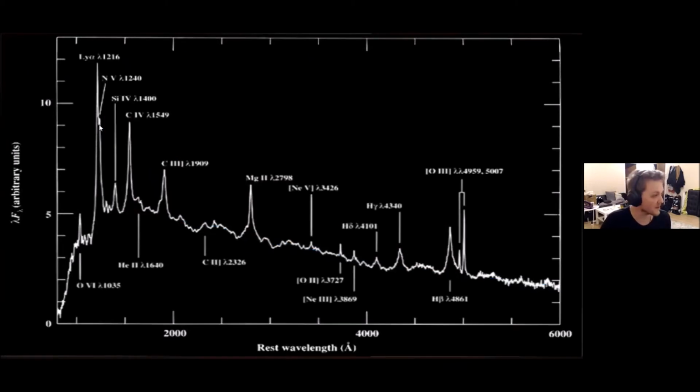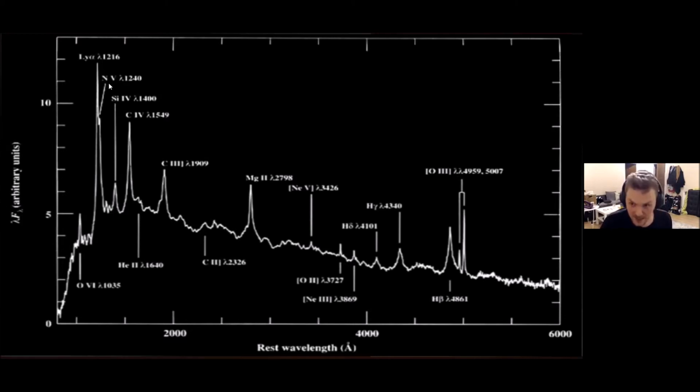All of these emission lines can be identified; we know from which element they come. And they are so broad that they tend to overlap quite a bit. For example, Lyman alpha and nitrogen 5 are very hard to separate when you look at the spectrum.